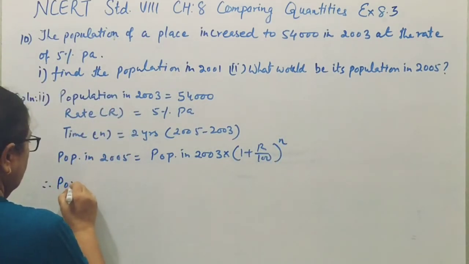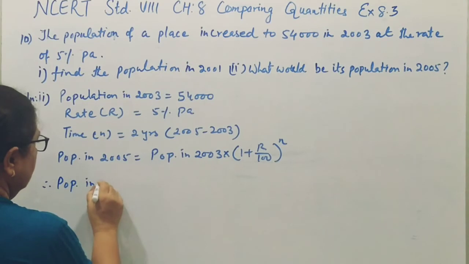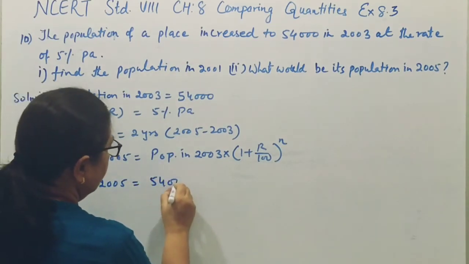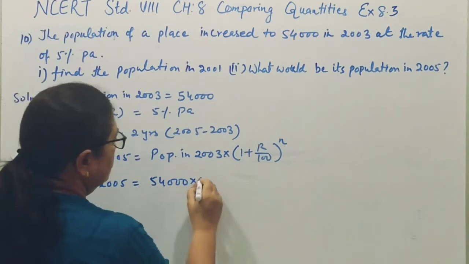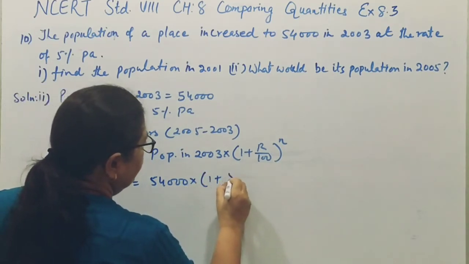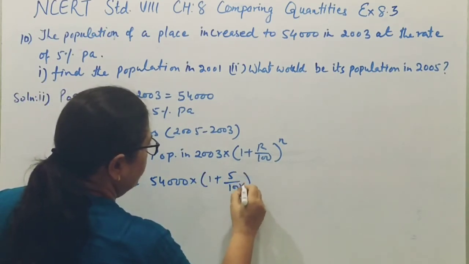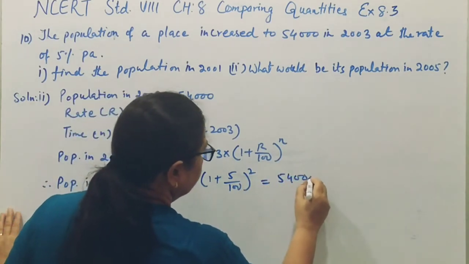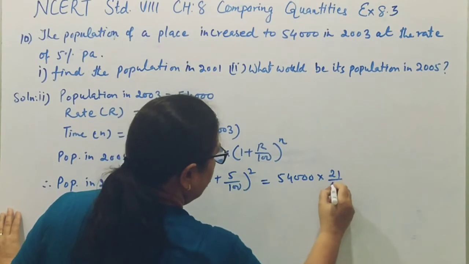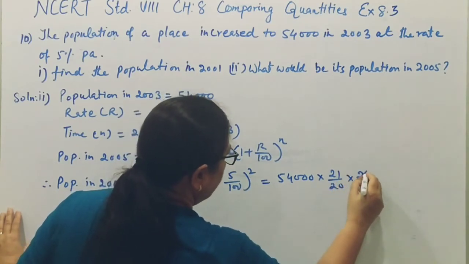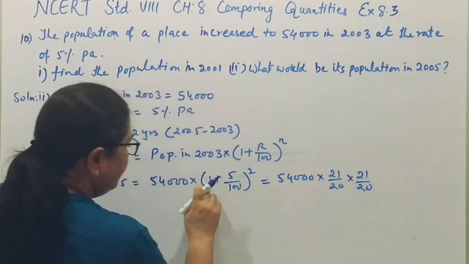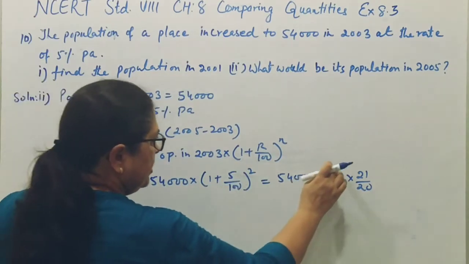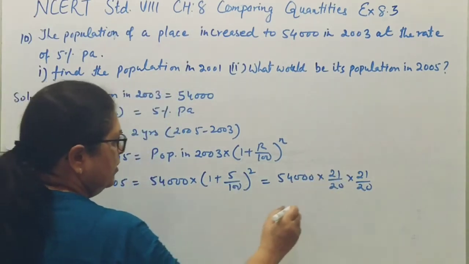Therefore, population in 2005 is equal to 54,000 into 1 plus 5 upon 100 raised to power 2. That is 54,000 into 21 upon 20 into 21 upon 20. After simplification, 1 plus 5 upon 100 will become 21 upon 20.